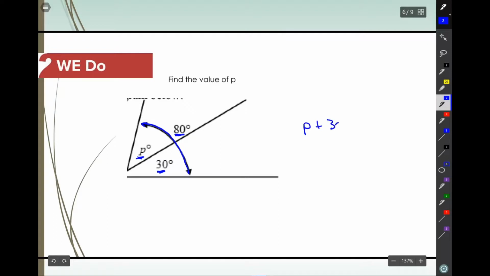P plus 30 has to equal 80. So now the same way we did it when we were looking at equations, we subtract 30 from both sides, so we end up with P by itself. 80 minus 30 is 50 degrees. P is 50 degrees.